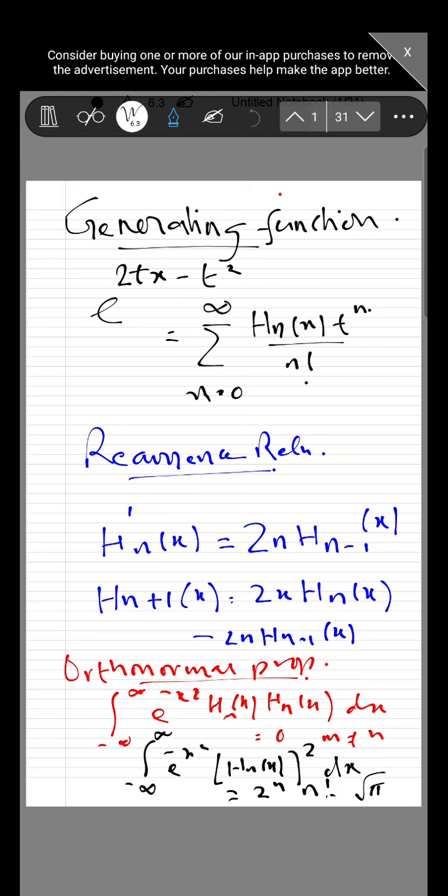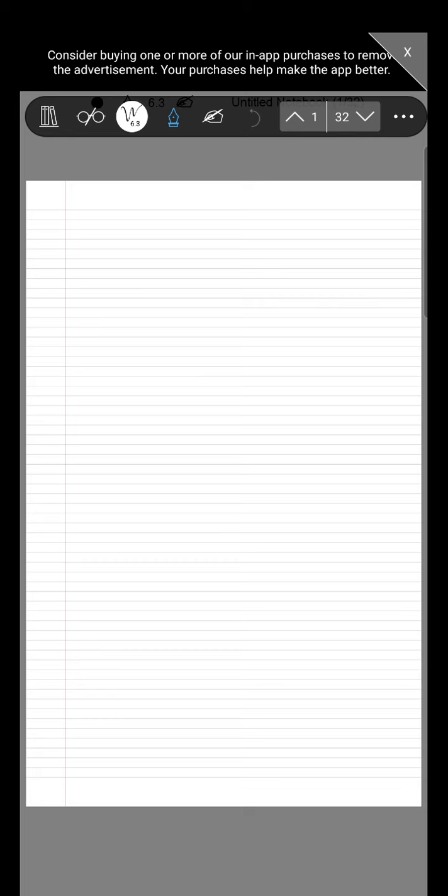Now, similar to Hermite, we have another polynomial based upon a differential equation. It's called Legendre, named in French.